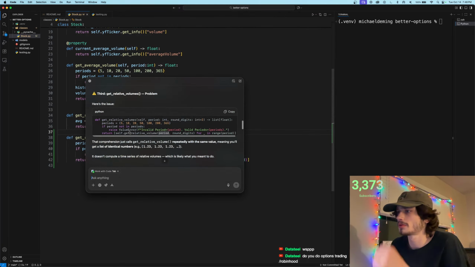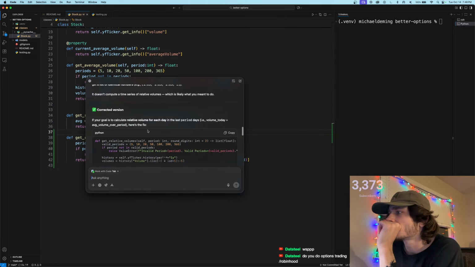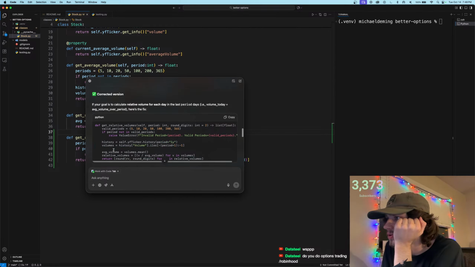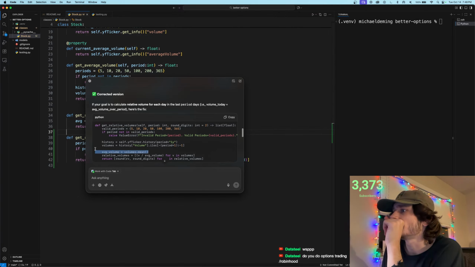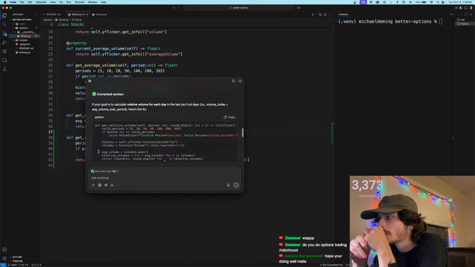We get the volumes. Average volume is the mean. Then volume divided by the average volume for V in volumes.